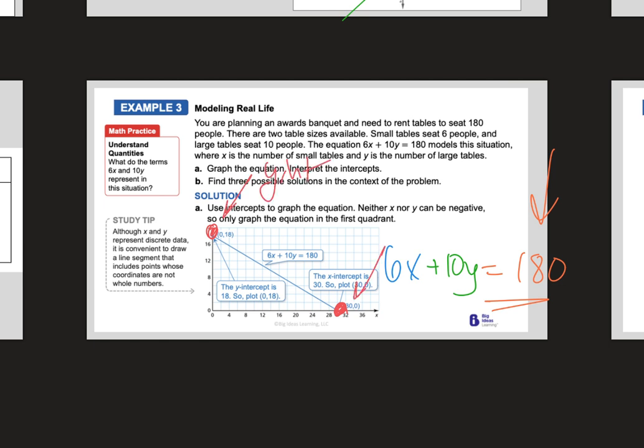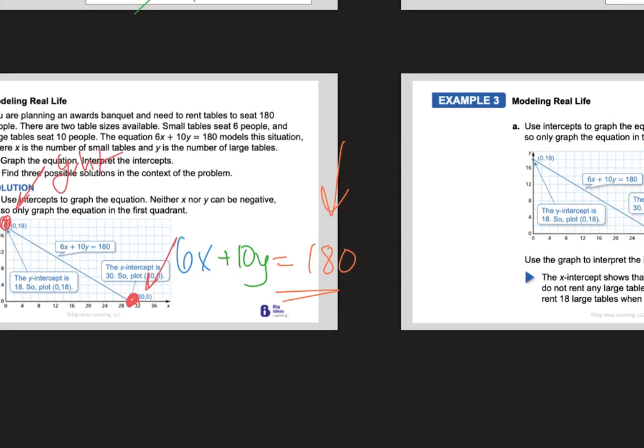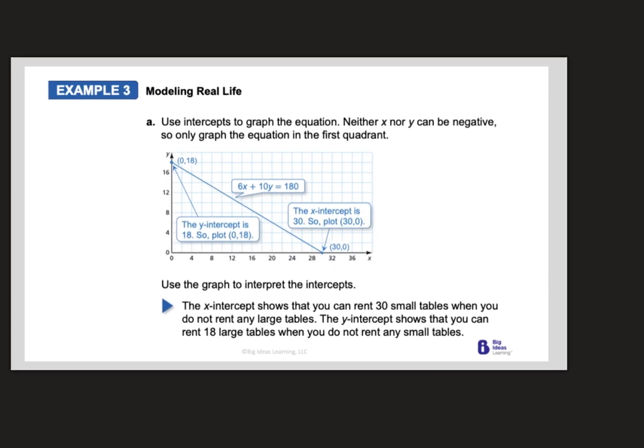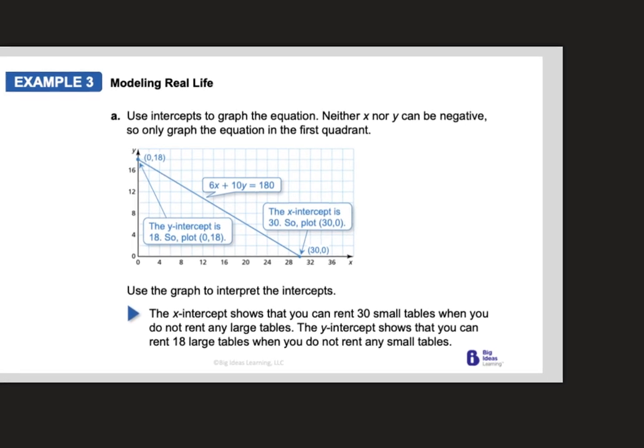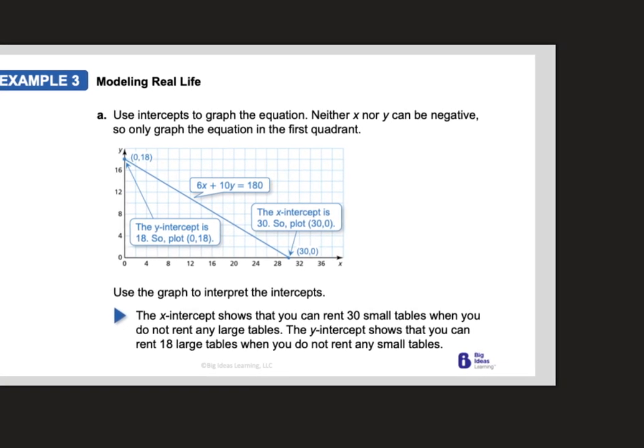This is the x-intercept, right? And so they kind of say, well, hey, could you give us maybe a few solutions? And so, yeah, here's the idea. You could have 18 big tables. You could have 30 small tables. But you could have some mixture in between.